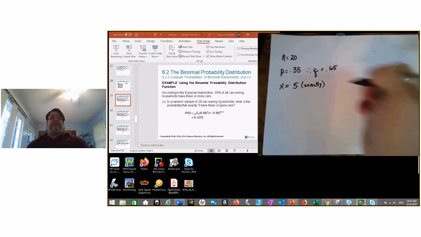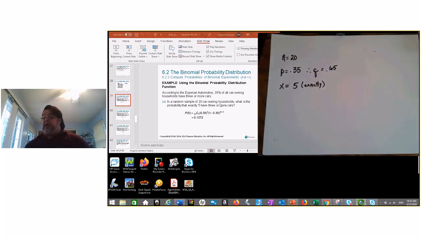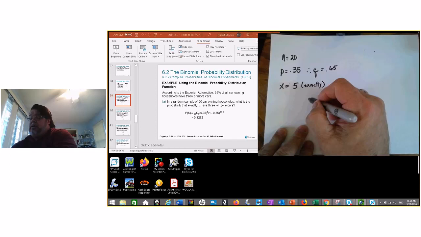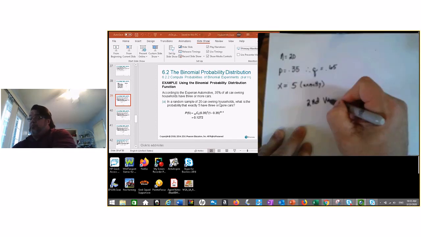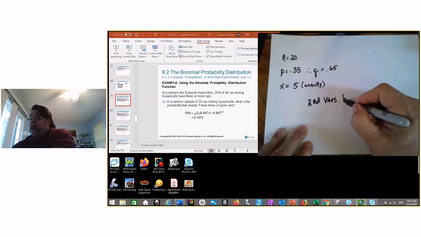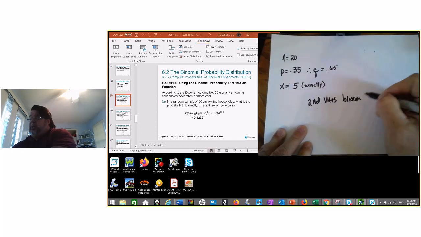5 cars? So you're going to type in NPX. So this would be second, vars, binomial, PDF, and then in old calculators, it's going to ask you for parentheses, and then you type in this order, N, comma, P, comma, 5.